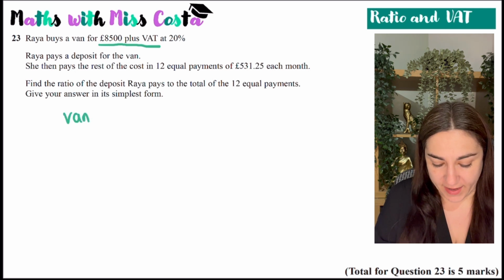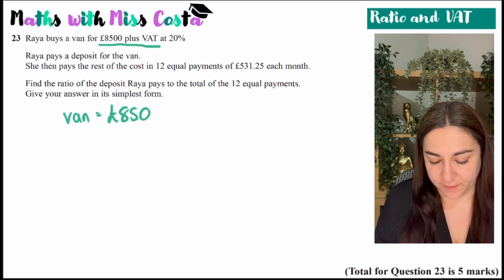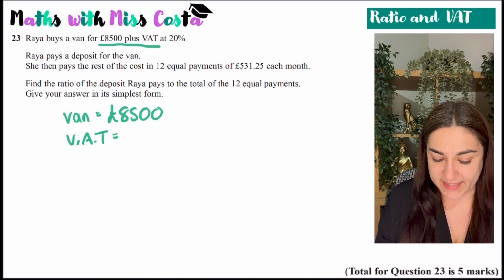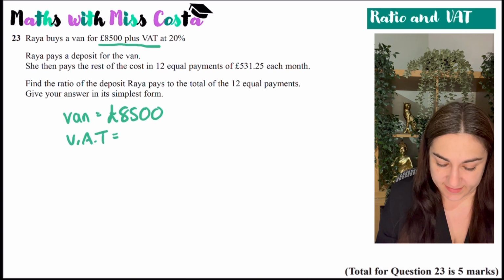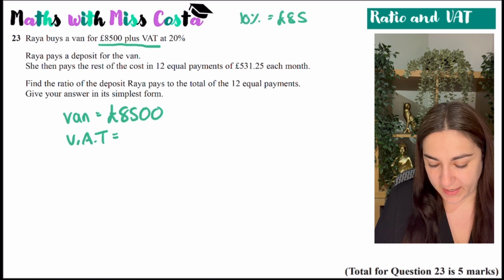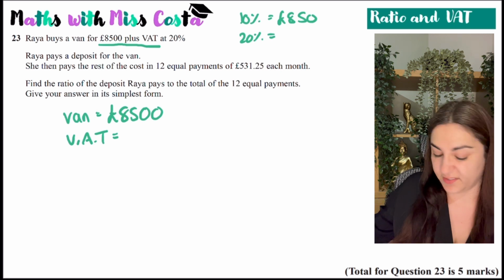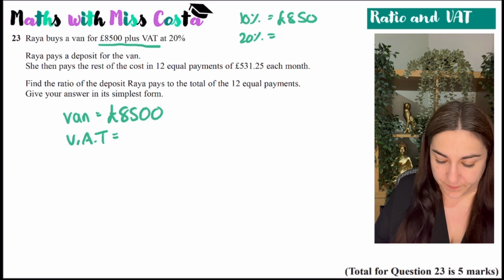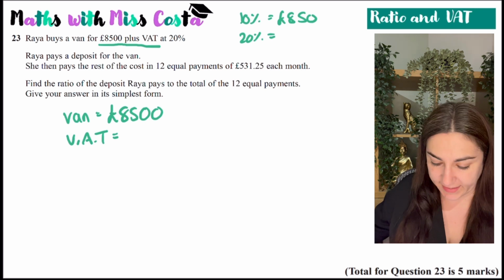So the van is £8,500, and separately you need to add on 20% for VAT. 10% would be 850, and therefore 20% would be, I'll just double that, 850 times 2 is 1,700.